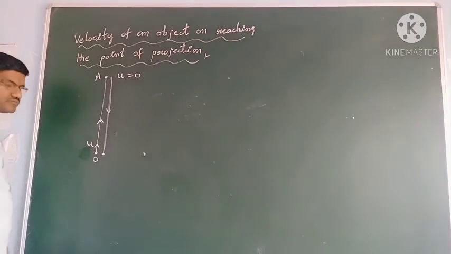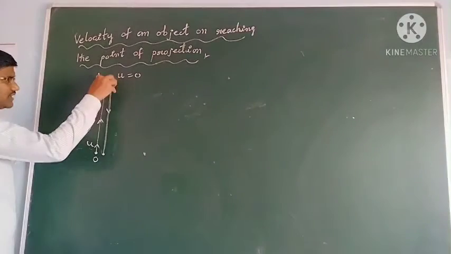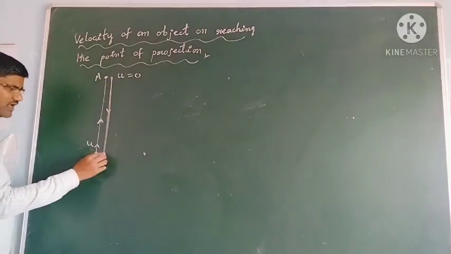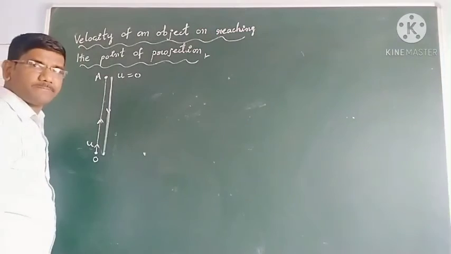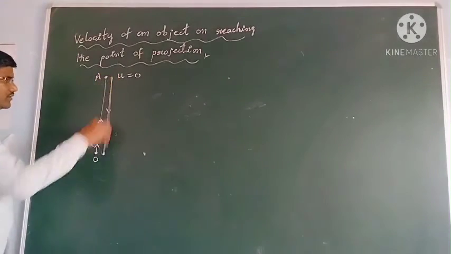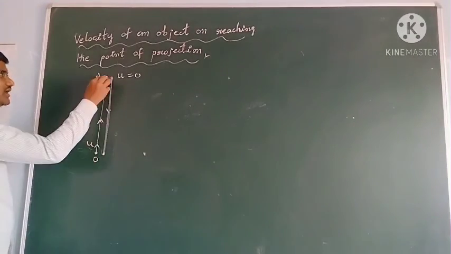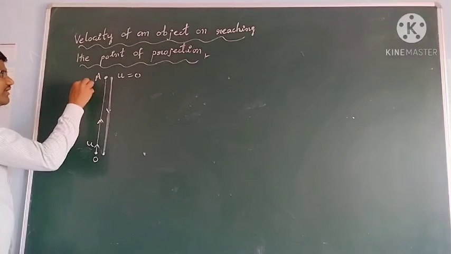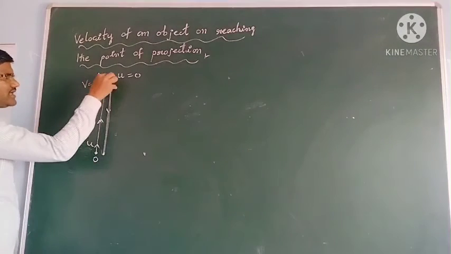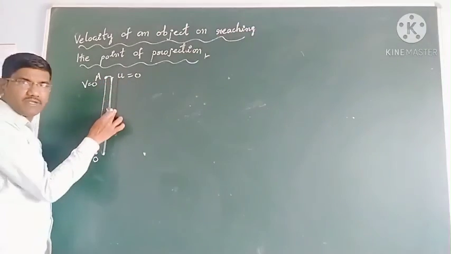Okay, see, for the downward journey, with what velocity it is striking the ground, we want to know. With velocity u we projected. After reaching this maximum height, the final velocity is 0, and again it has reversed with 0 velocity and is coming down.